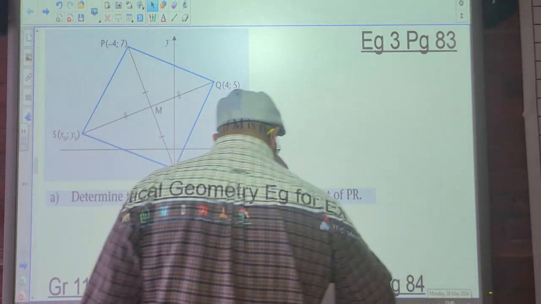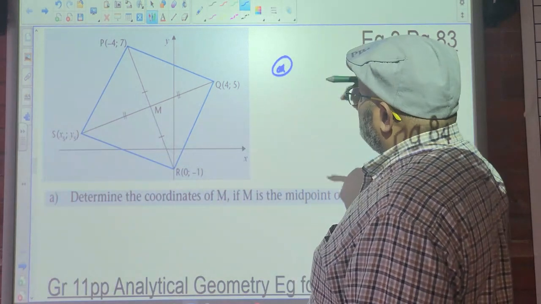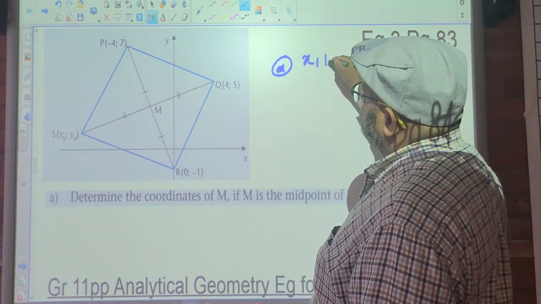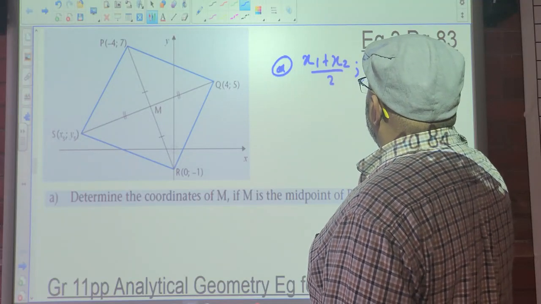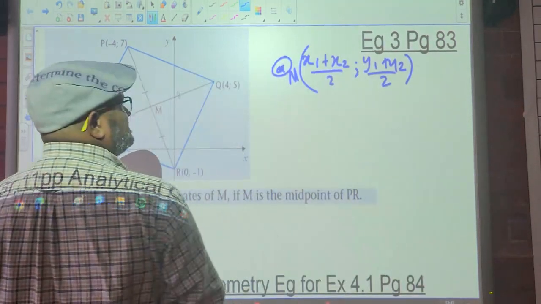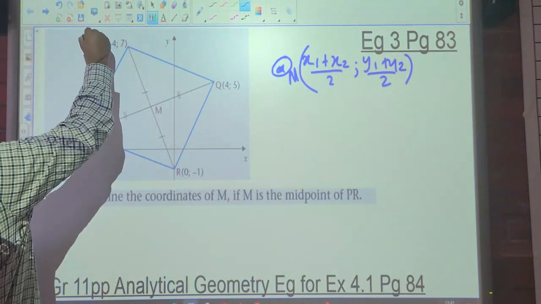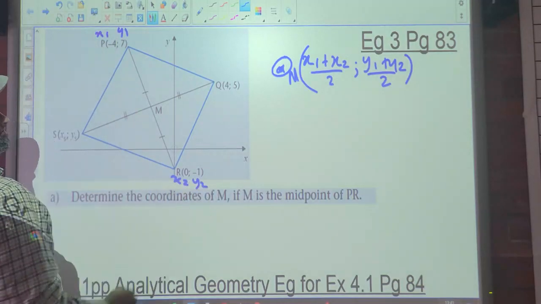So how do you work out the midpoint? Midpoint formula, not so, which is (x1 plus x2) over 2 and (y1 plus y2) over 2. This is for M. If I make that x1, y1, this will of course be x2, y2.